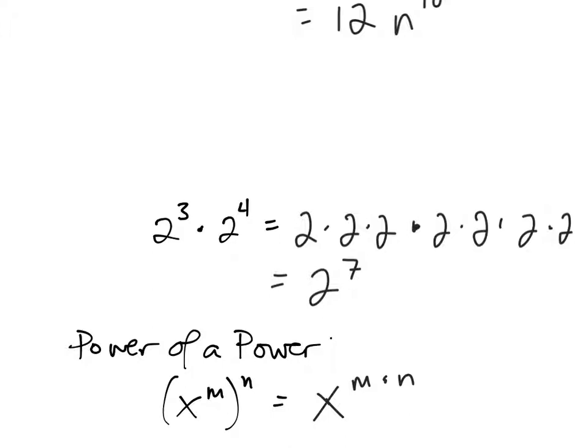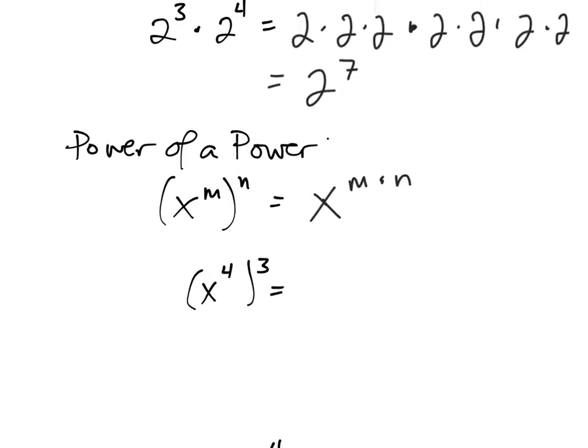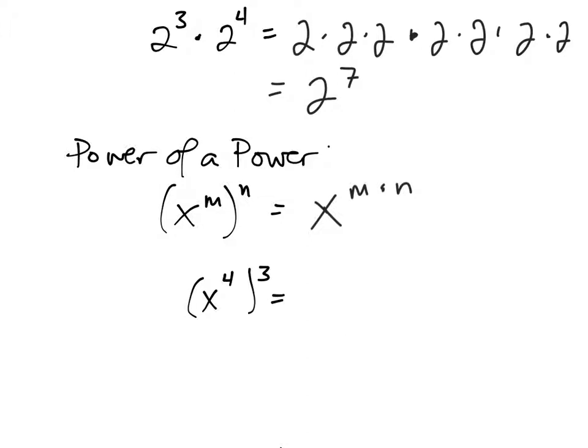Now again, I want to make sure that you can kind of see what's happening here. So let's play with x to the 4th raised to the 3rd power. When you raise something to the 3rd power, it means that you're multiplying it together how many times? 3 times. So what this really means is that I have x to the 4th times x to the 4th times x to the 4th.